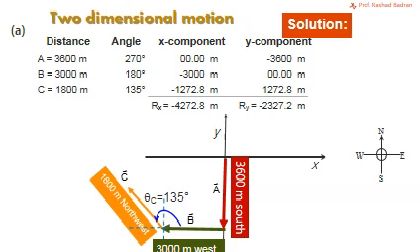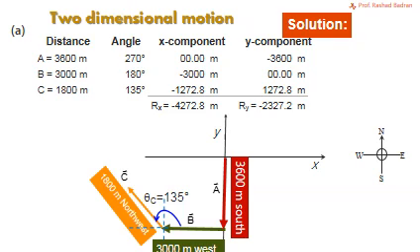And finally, the last displacement, called C, has a magnitude of 1,800 meters. It has an angle of 135 degrees with respect to the positive x-axis. To find the components here, we get an x component for C of minus 1,272, while the y component is positive.